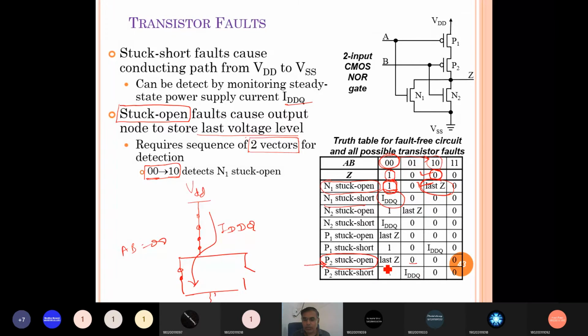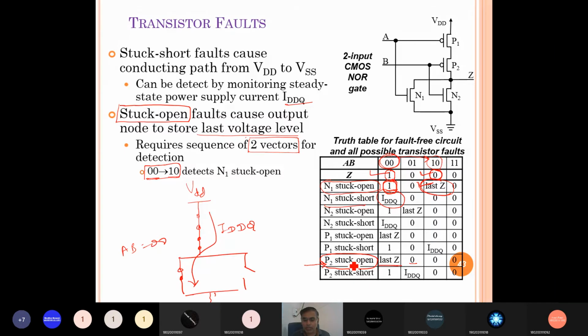Output is 0 because with the P2 stuck open fault, when input is 0 0, it holds the last state. And when input is 0 0, the correct output is 1. So we want to differentiate the correct fault free output from the faulty output.